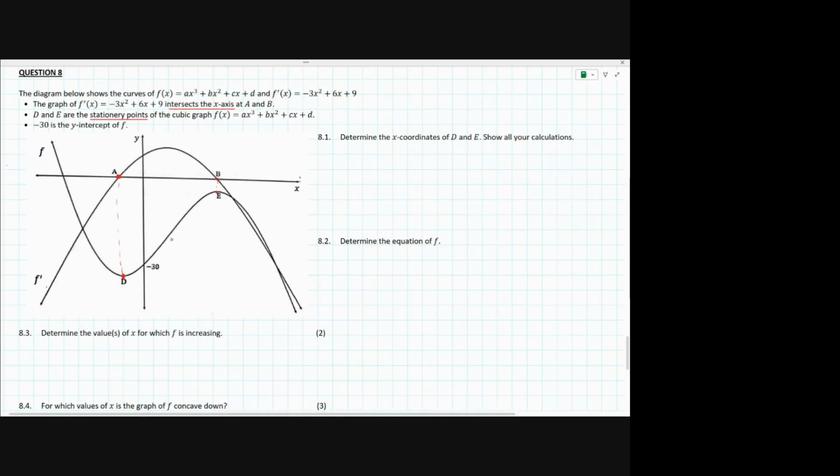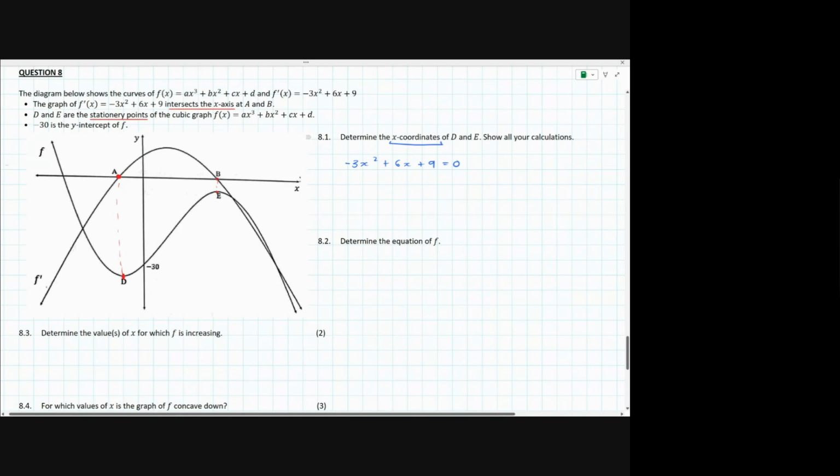What I can do, though, because I know that the turning points of my cubic correspond with the x-intercepts of my first derivative function, is work out the x-intercepts of the quadratic. So minus 3x squared plus 6x plus 9 equals 0. It kind of almost gives it away. It's only asking me for the x coordinates, right?